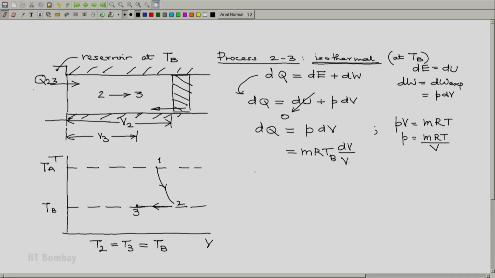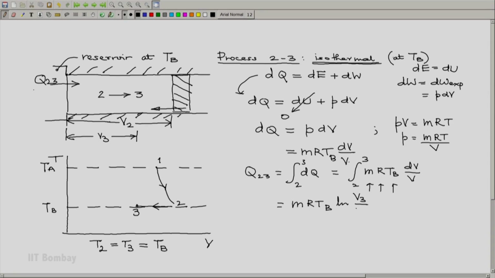Now integrating this, we will get Q23 is integral dQ from 2 to 3, which is integral from 2 to 3 mRTb dV by V. Since m and R and Tb are constants, they can come out of the integral sign, and we will get this to be equal to mRTb logarithm of V3 by V2.